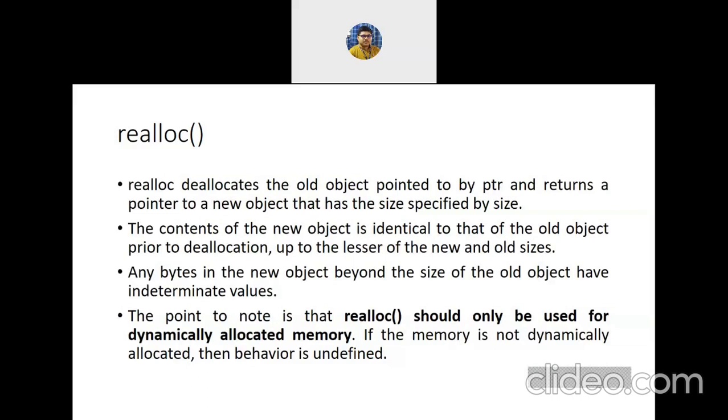New object means newly allocated memory, up to the lesser of the new and old sizes. Try to understand the meaning of this line also: up to the lesser of the new and old sizes.